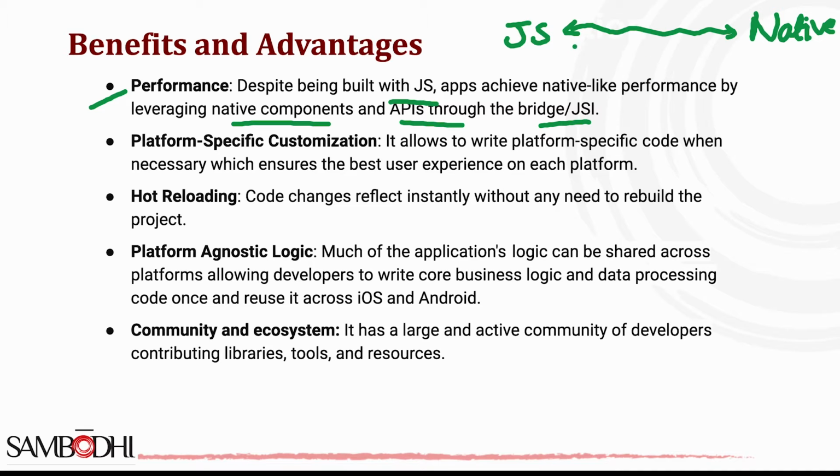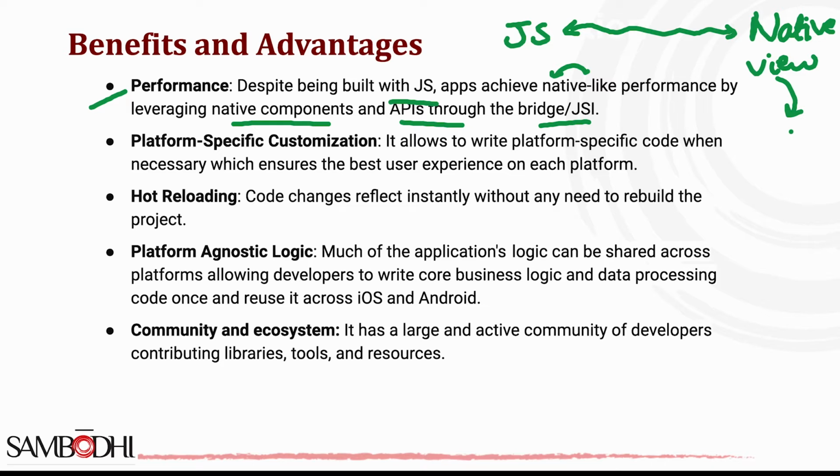Now this feels native-like because it is leveraging the native APIs only, as we have already talked about. View and text input, whatever components are there in React Native, view is the core component of React Native.